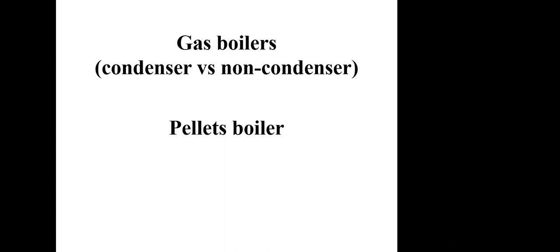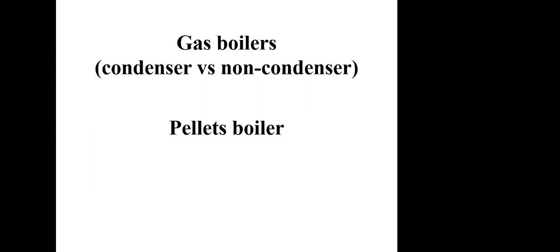If you want to meet the passive house standards and zero energy buildings and all that stuff, you cannot install a propane or kerosene boiler in your building. But I don't know, by 2050, probably nobody will do it. But nowadays you might find this. Anyway, gas boilers and pellet boilers are the most efficient ones.